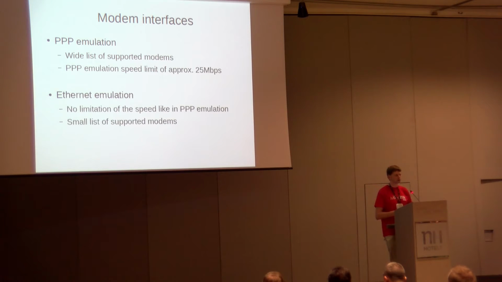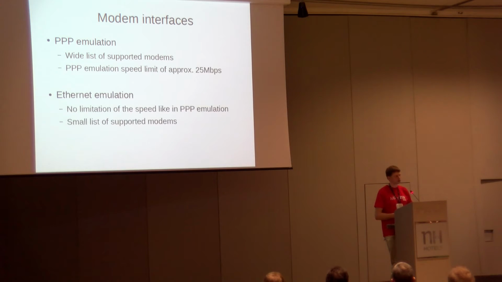The biggest difference is that PPP emulation has a speed limit, usually up to 25 megabits per second. So if you get a modem and you think it's a very high category, but you see the driver only supports PPP mode, you will not get your 100 megabits, you'll get maybe up to 25 megabits only.